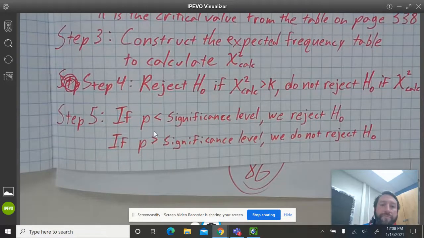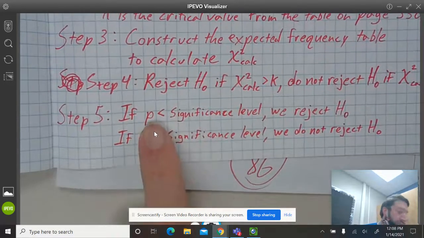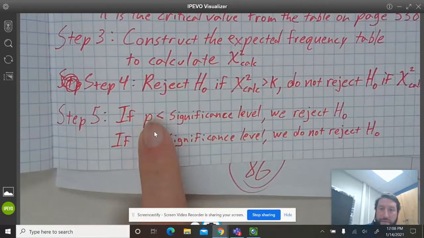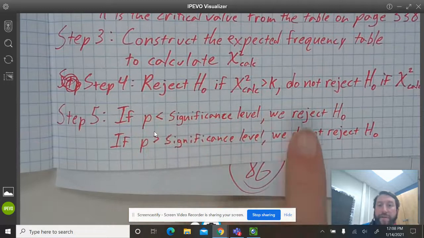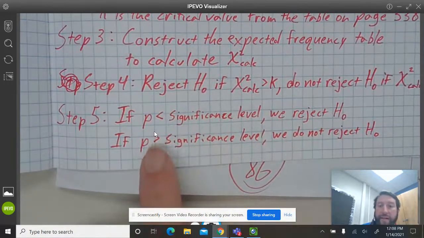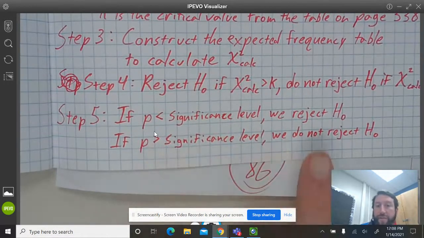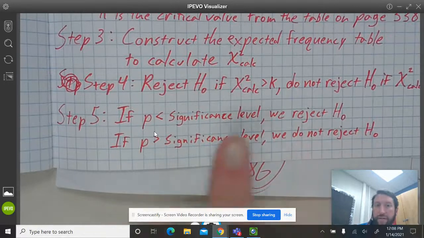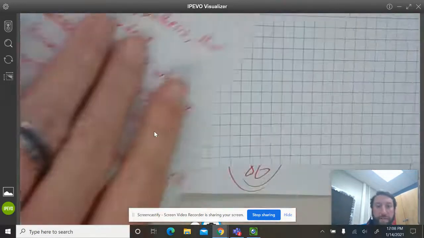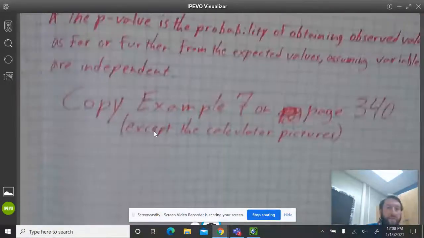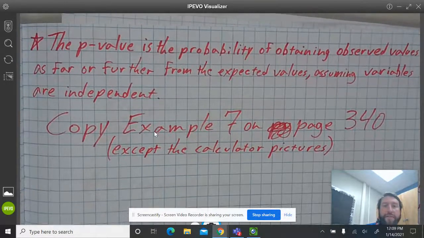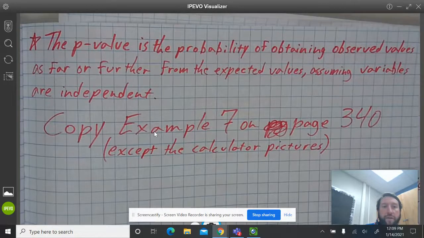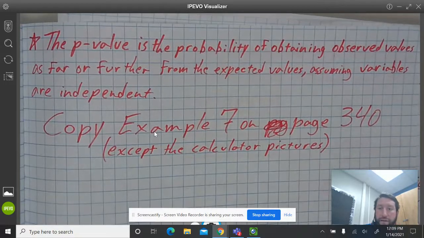Step 5. P is your P value, and I'm going to tell you what P is in a second. If the P value is less than the significance level, then we reject H null. If the P value is greater than the significance level, we do not reject H null. So, what is the P value? A p-value is the probability of obtaining values as far or further from the expected values, assuming the variables are independent.